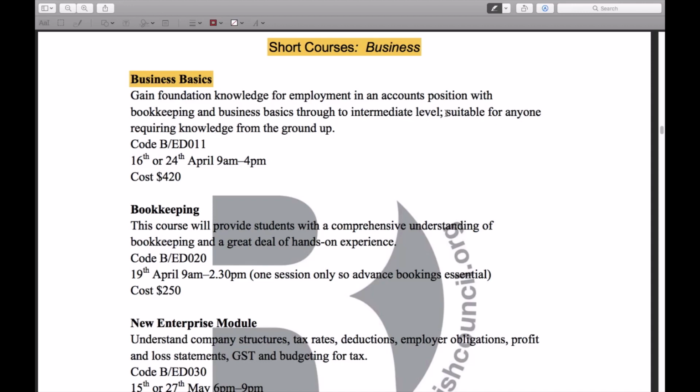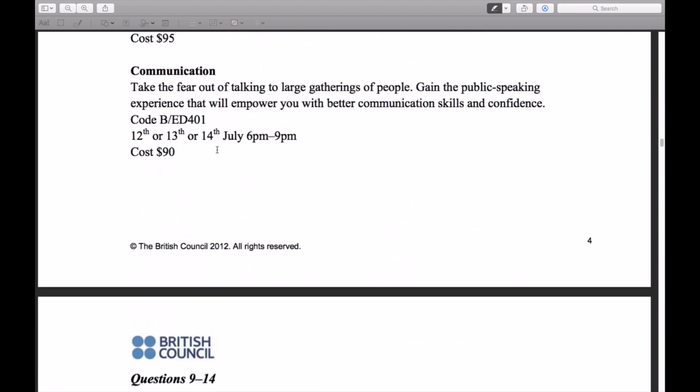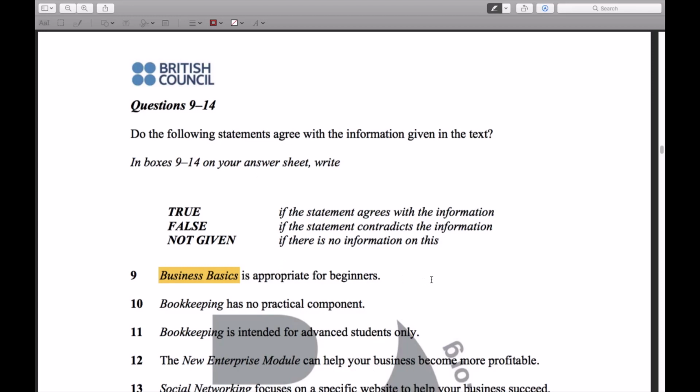So it is suitable for anyone requiring knowledge from the ground up. Ground up actually means from zero. So that means it is appropriate for beginners. We will write true.